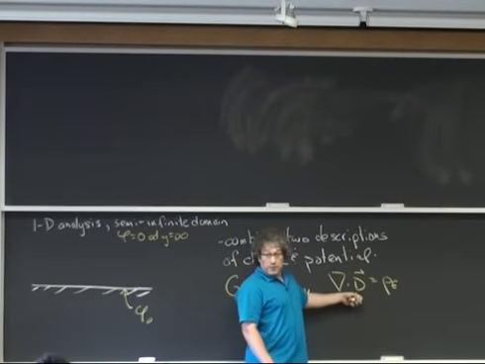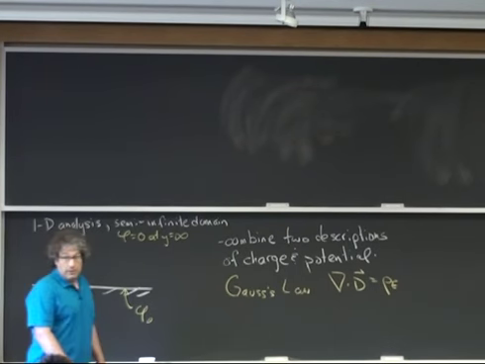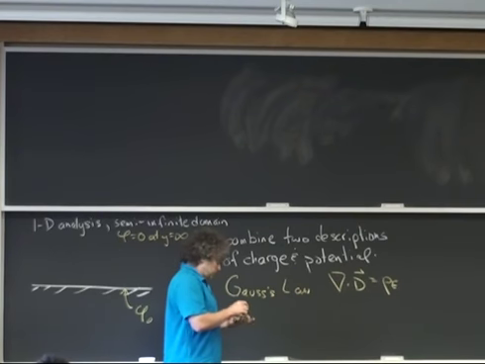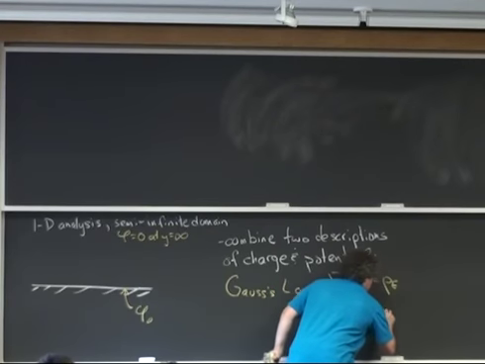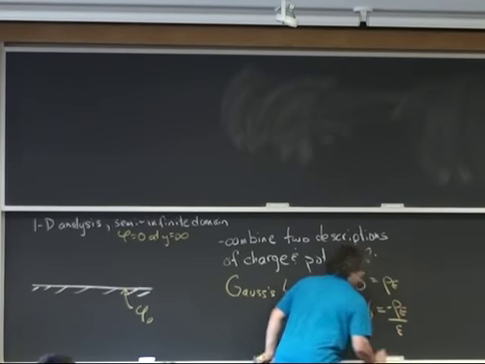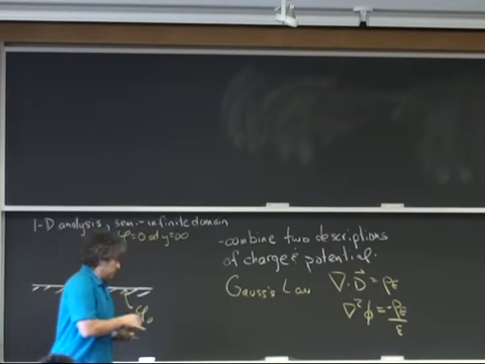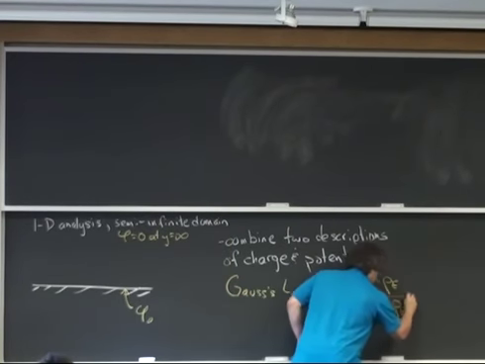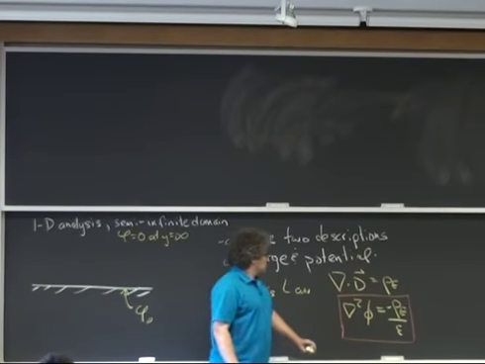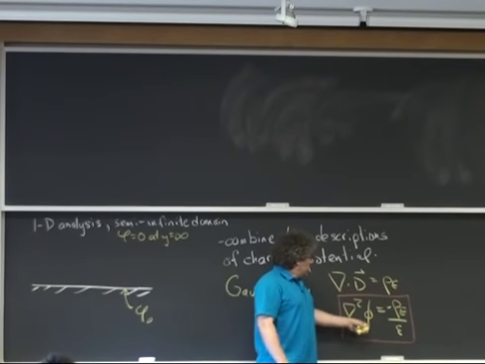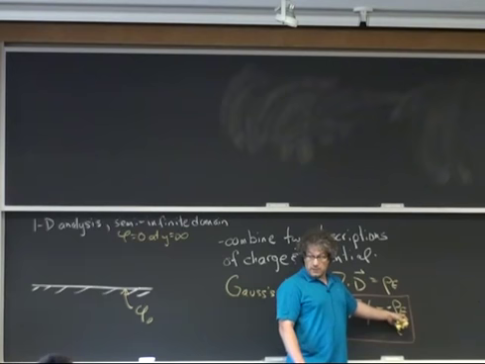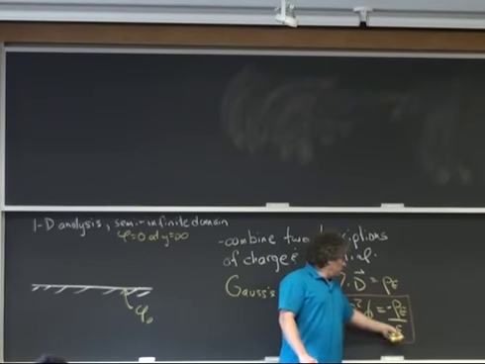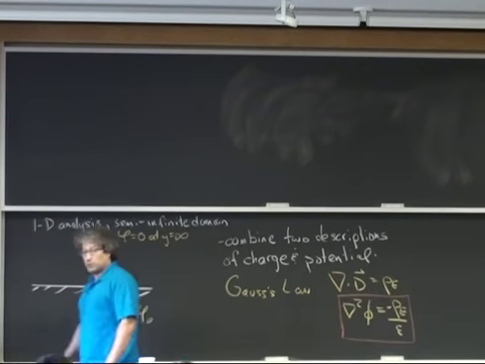If we write this electric displacement as the permittivity epsilon times E, and if we write the electric field as the minus gradient of that potential, we can then write this as a Poisson equation in this form. This just tells us that if we look at any point in space, the local Laplacian of this electrical potential is driven by the local charge density. And the one fluid parameter that affects that is the electrical permittivity.